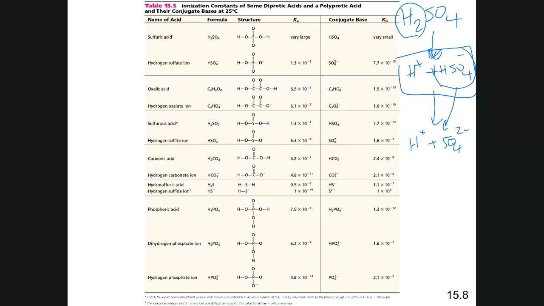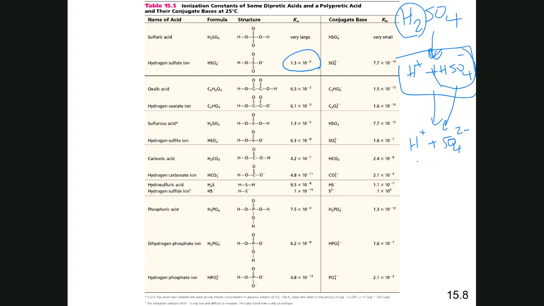But if you go from HSO4 minus to H plus and SO4 2 minus, you have a Ka value given here. So if you have 2 steps and the first one is a strong acid, you don't have the Ka value for the first, but for the second one you have. If it's a weak acid, then you could have both numbers, but the first one is going to be greater than the second one.